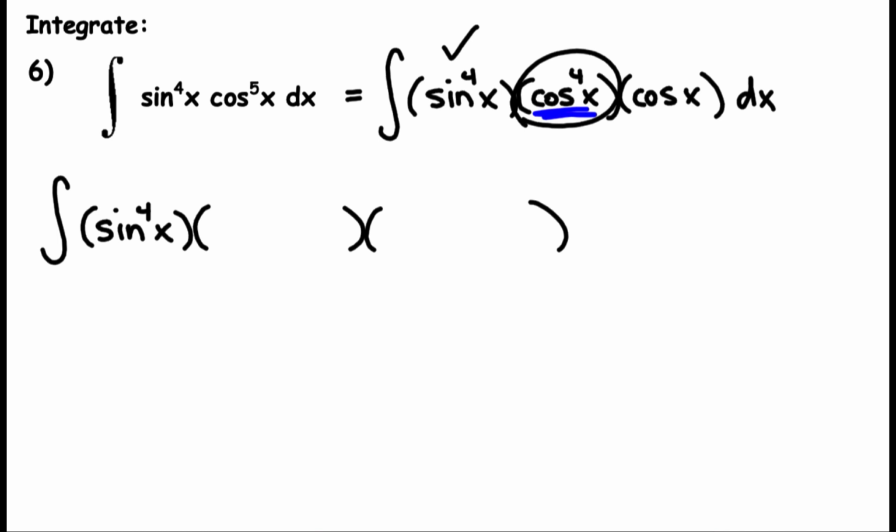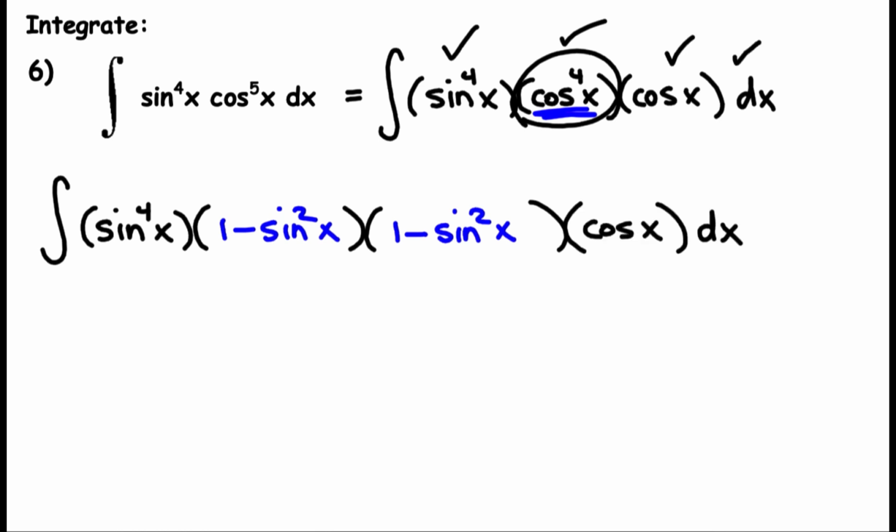Hang on a second. Cosine squared. See what I did there? A golden sheet. Cosine squared again. Check. And finally, cos x dx. I know this seems obnoxious, but it's the only way that we have to get this.